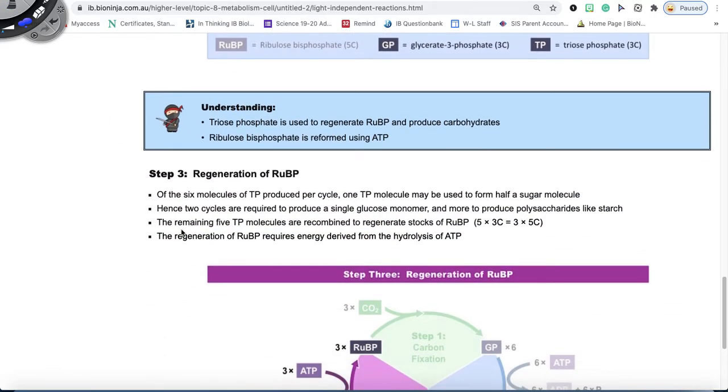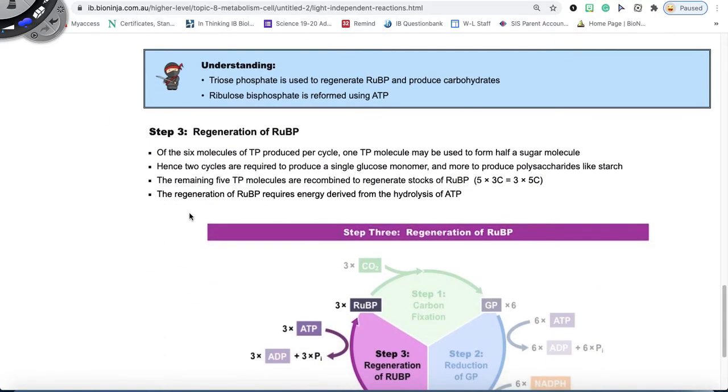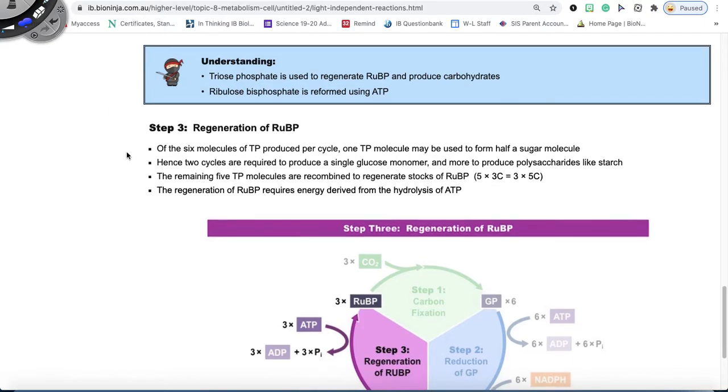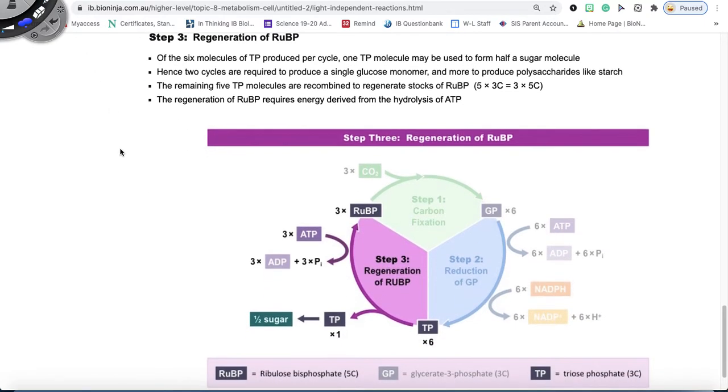In the third step, we have the regeneration of our RuBP. The understanding is that triose phosphate is used to regenerate RuBP and produce carbohydrates, and ribulose bisphosphate is reformed using ATP. Because again, this is a cycle, right? Let's look and see how the regeneration of RuBP happens.